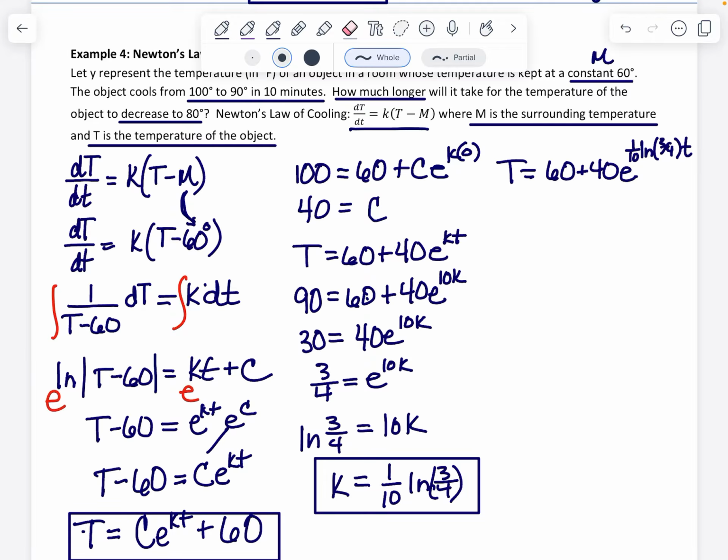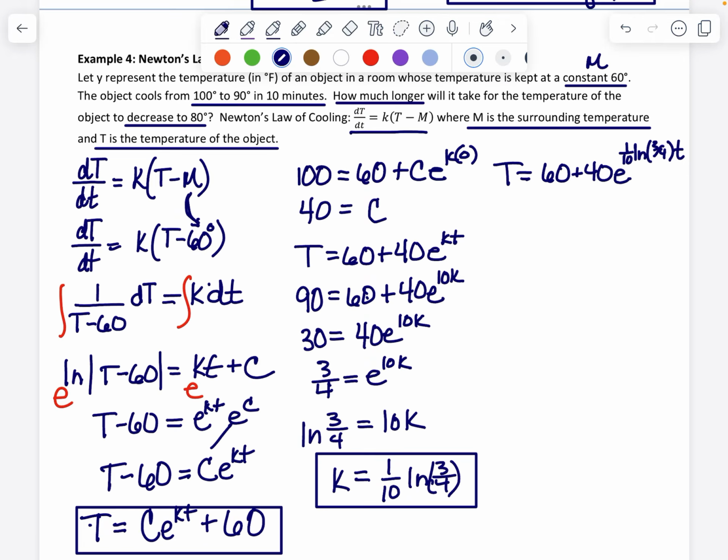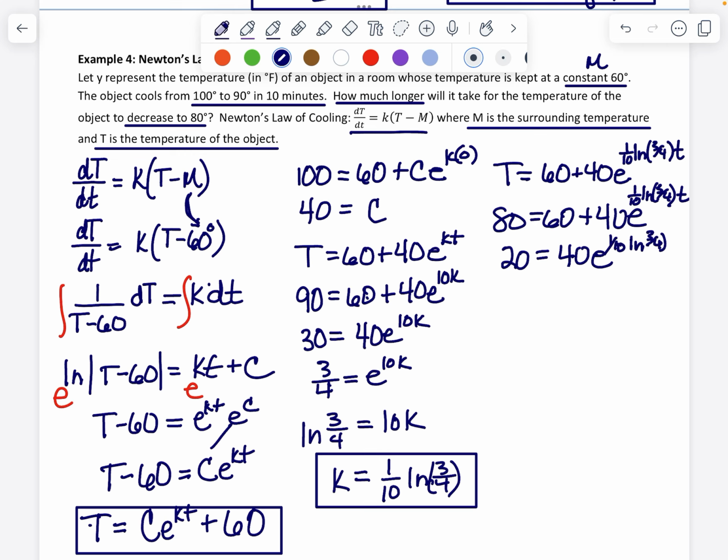Let me erase this 40 here. So we put the 80 in for T: 80 is equal to 60 plus 40e to the 1/10 ln of 3/4 t. Sometimes when you're writing these, you're thinking, I should have saved it, but just keep going with it. So subtract 60, and you get 20 is equal to 40e to the 1/10 ln of 3/4 t.